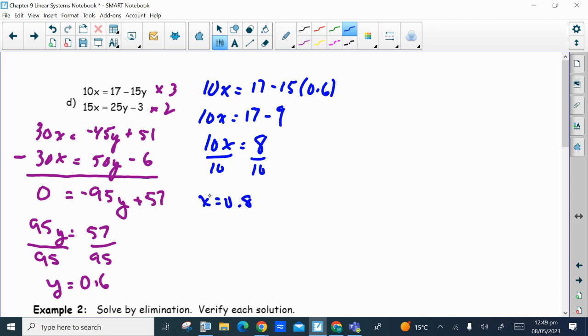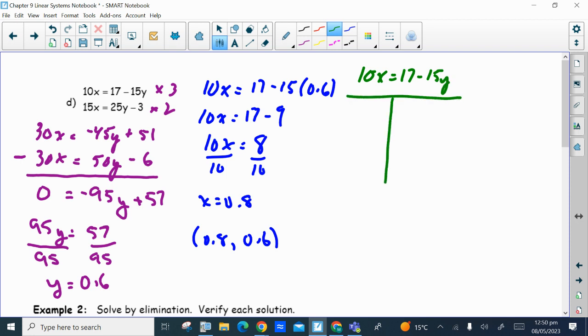8 divided by 10. Because y is a decimal, I'm writing x in a decimal as well. So our solution is 0.8 comma 0.6, which we need to check. Make sure it works for both equations.